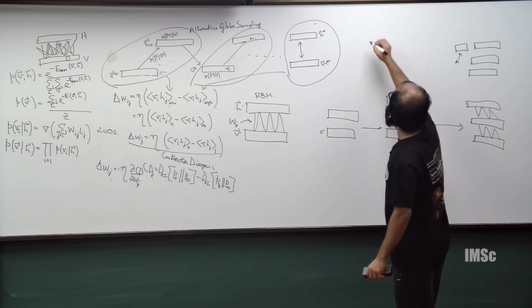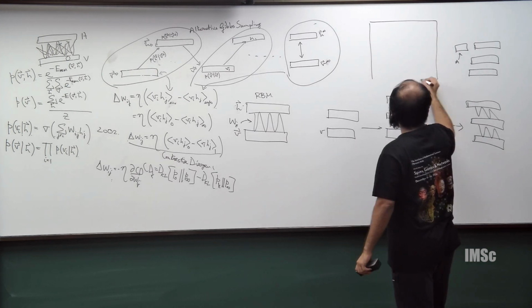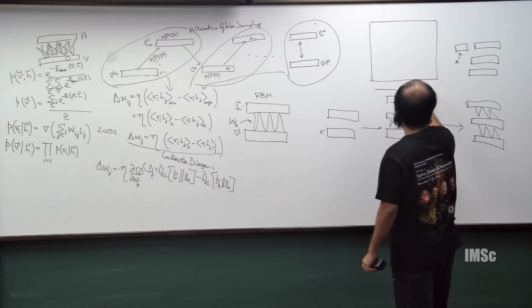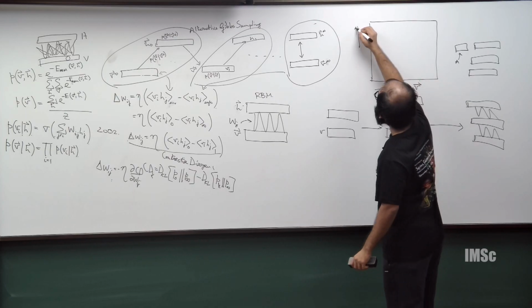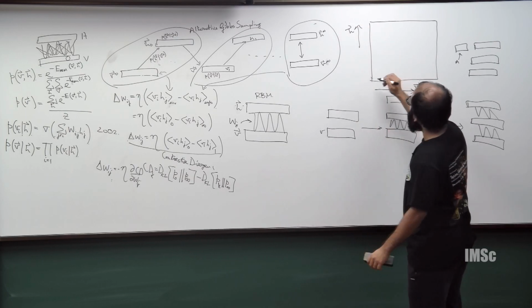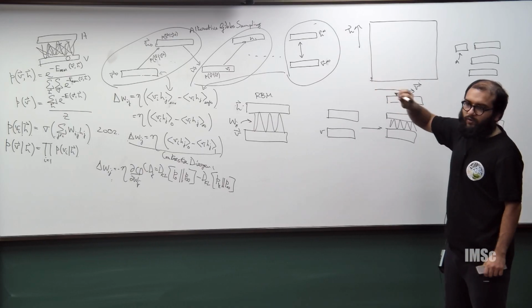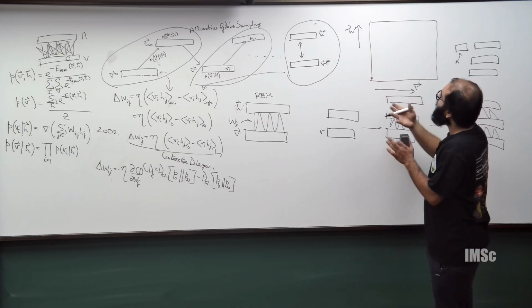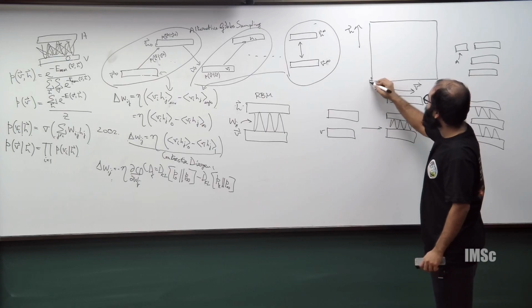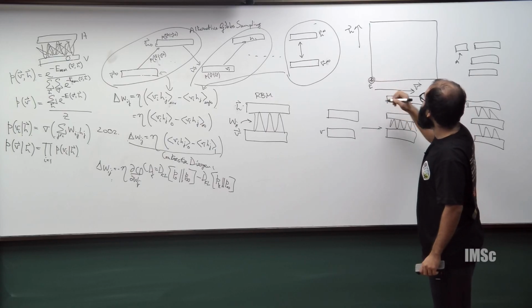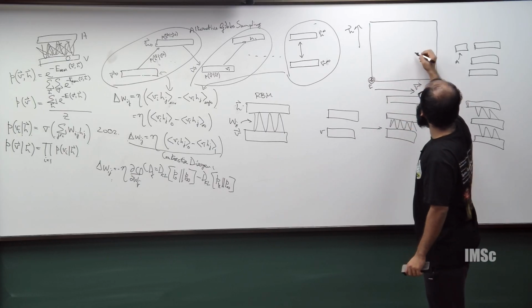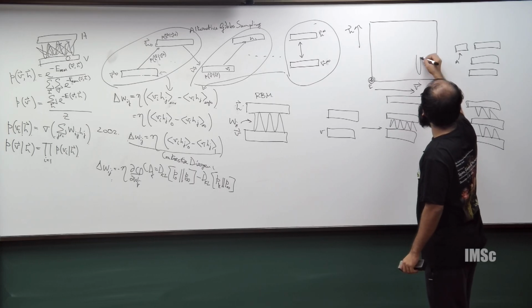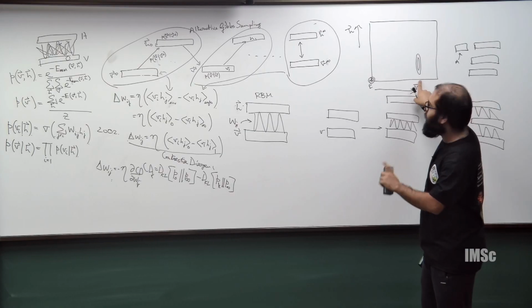Okay, so graphically, the entire space looks something like this. You have the v vector, you have the h vector, and the z axis, out of the board, inside the board, whatever, that's the energy. For particular visible units, this is one of the patterns that you're trying to store.